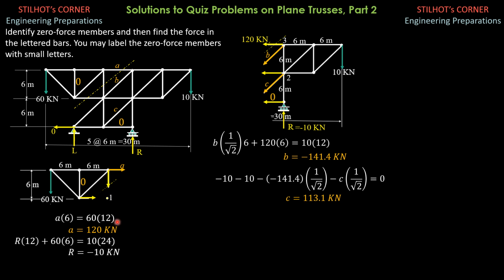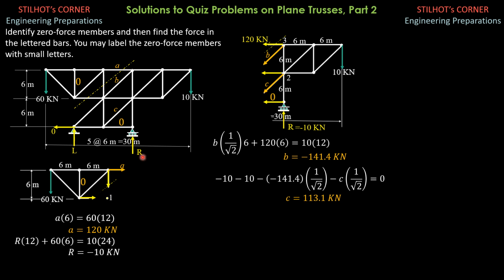Then to solve for members B and C, the plan is to pass this cutting section and isolate the right portion. So we need to solve for the reaction at this roller support.